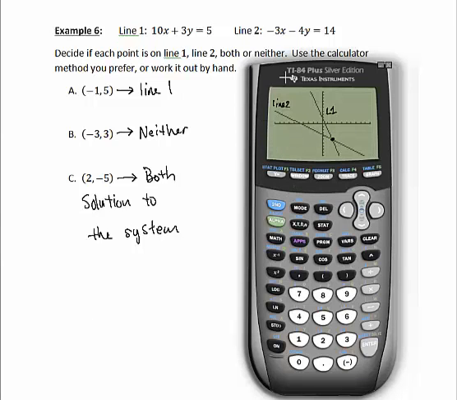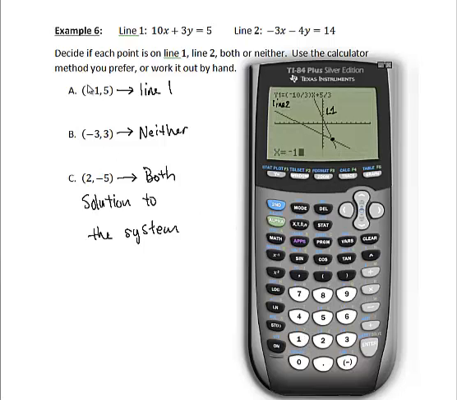Another way to check these coordinates is to simply, when you're in the graph mode, type in the number. You don't have to hit X equals, you just simply want to hit your trace button, and then enter the value for X for that particular ordered pair.